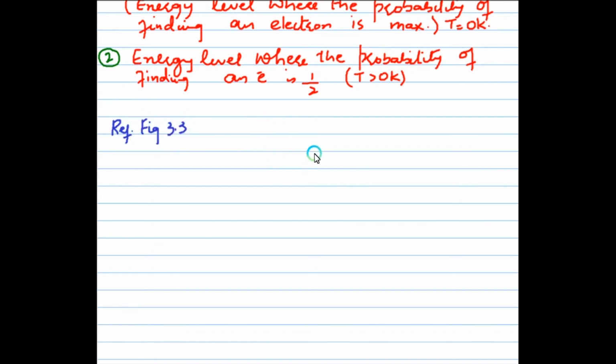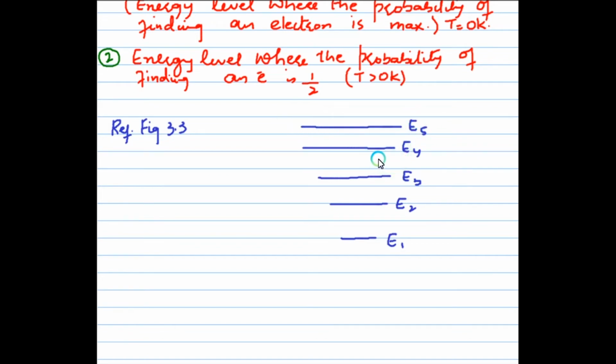So what has the author done? Author has drawn 5 energy levels: E1, E2, E3, E4 and E5. Now the first scenario is for temperature T equals to 0 Kelvin.